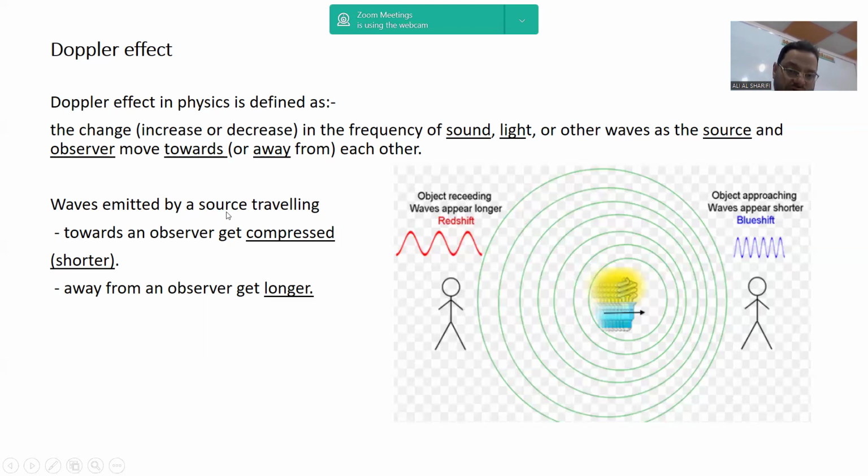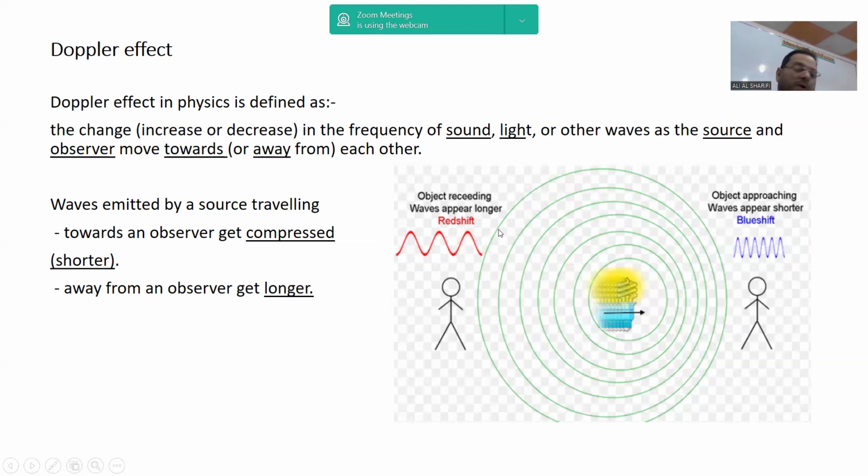Waves emitted by a source traveling towards an observer, like here, get compressed, that means shorter. When the waves are compressed or shorter, that means the sound power will be more. Or traveling away from an observer, the waves get longer. That means the waves will be like that.